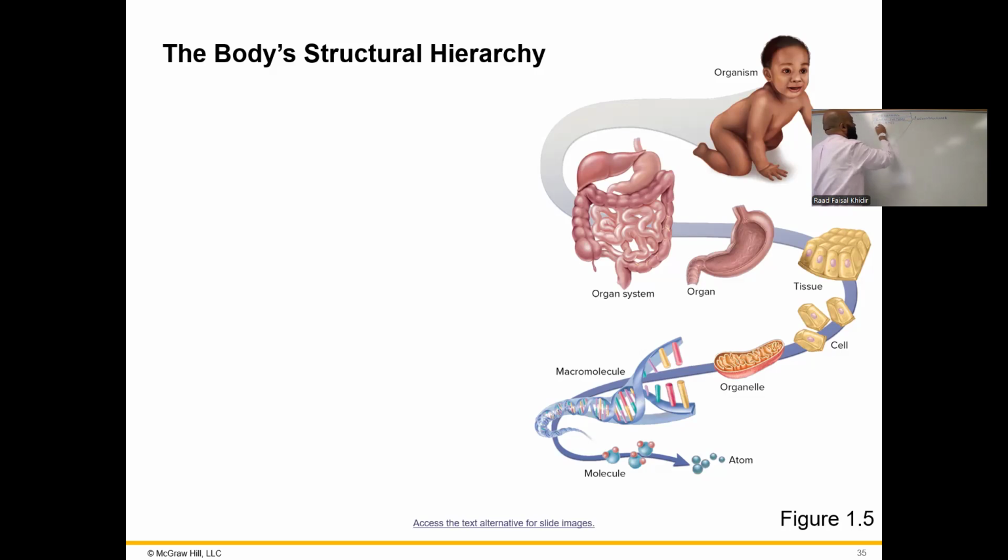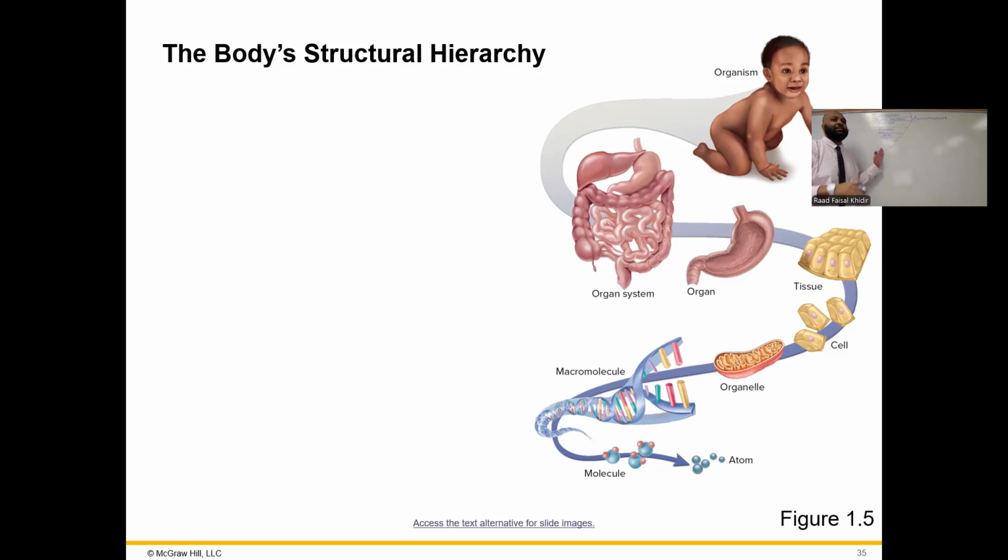The organs are made up from tissues, and the tissues are made up from cells. And the cells are made up from atoms, molecules, proteins, enzymes, and all of that stuff inside the cell.